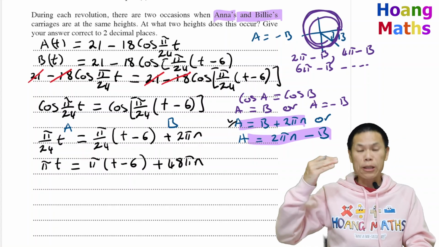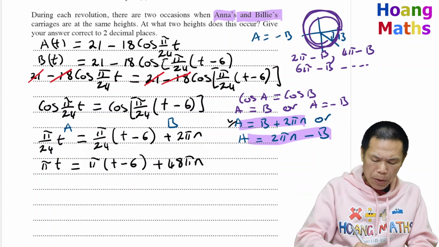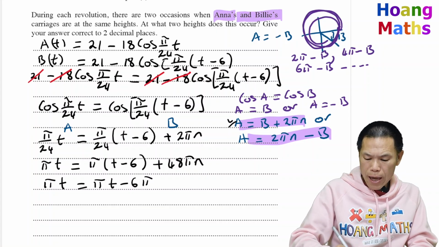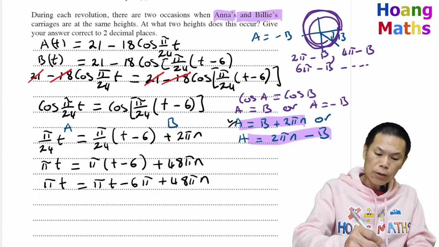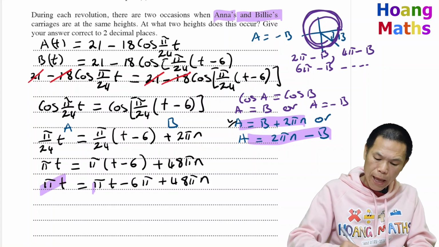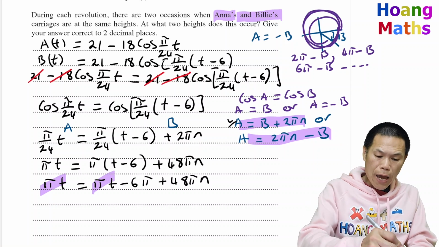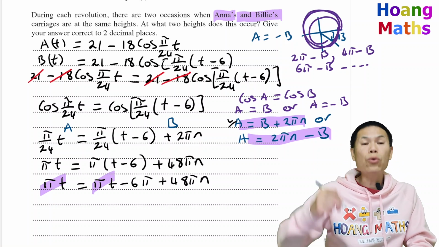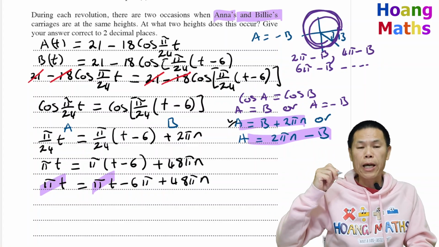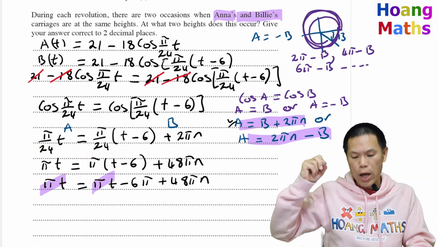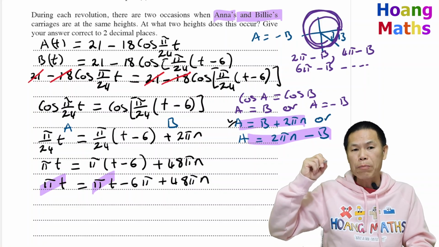Now if I expand the brackets, pi t is pi t minus 6 pi plus 48 pi n. So the pi t cancel out. That means 48 pi n is equal to 6 pi. I move 6 pi to this side, it becomes positive 6 pi. So 6 pi is equal to 48 pi n.